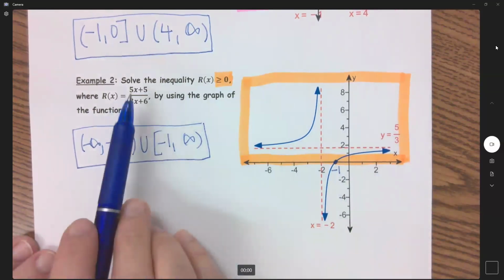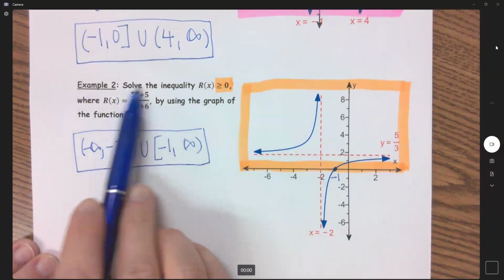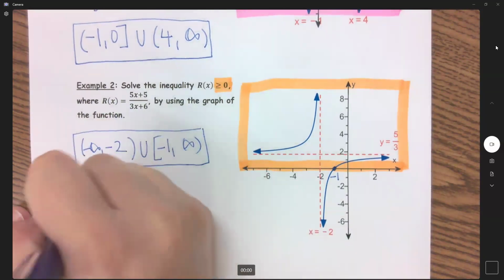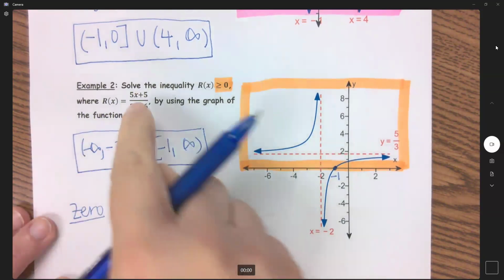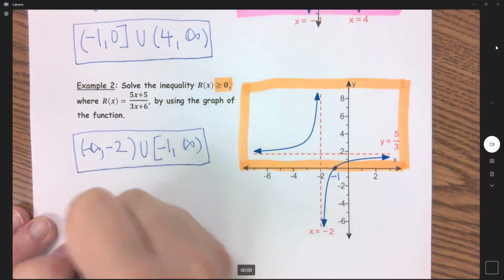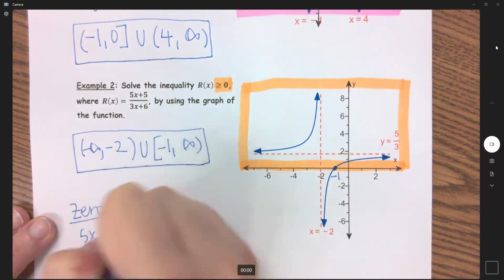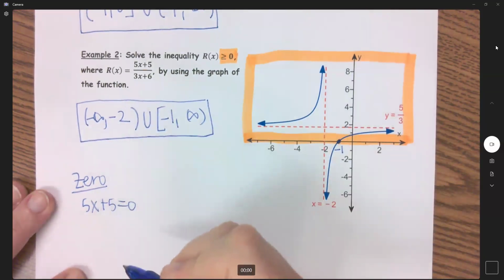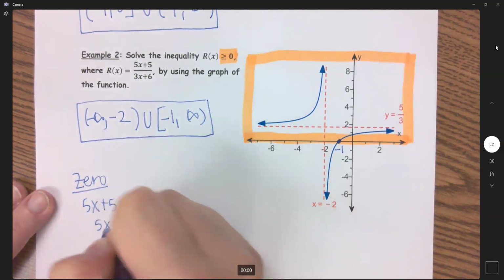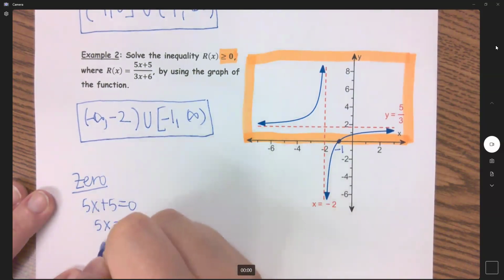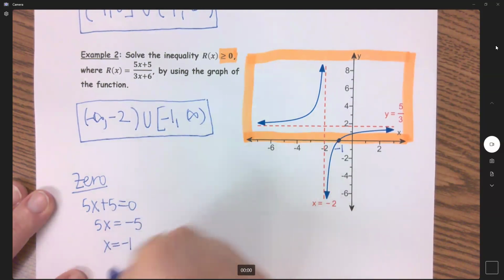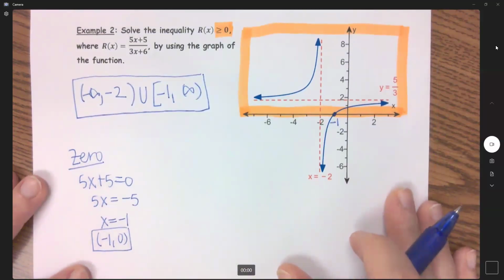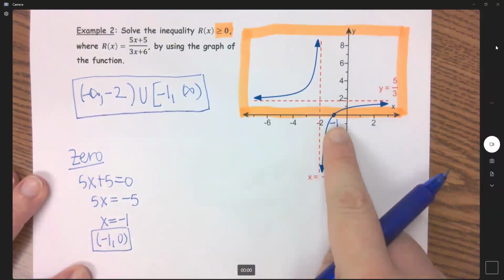So to do that, from last lesson, to find my 0, I'm going to take the top, 5x plus 5, and set that equal to 0 and solve it. So we would subtract that 5 over and then divide by 5 to get x equals -1. So we have an x-intercept at -1, 0, which is what we have on that graph.